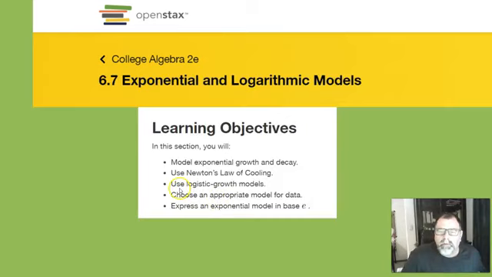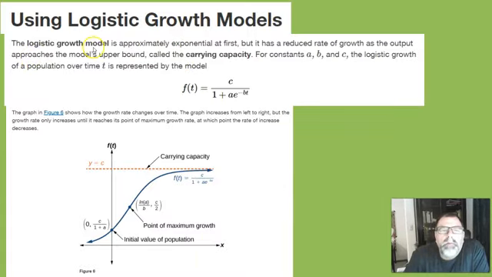Okay, so our next learning objective: use logistic growth models. The logistic growth model is approximately exponential at first, but then it has a reduced rate of growth as the output approaches the model's upper bound, called the carrying capacity. For constants a, b, and c, the logistic growth of a population over time is represented by the model f of t equals c over 1 plus a times e to the negative bt.